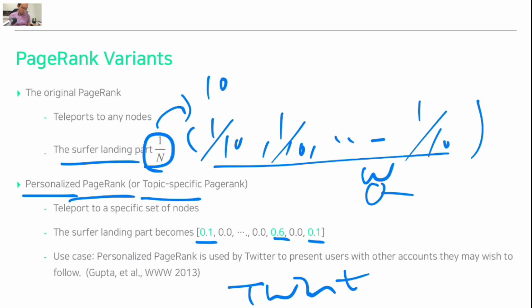To quickly get the information, they use the personalized page rank. It is fast to compute and quite accurate. I'm not sure they still use it, but they were using the personalized page rank. And when you recommend something in your own application, you have to compare with the personalized page rank. Surprisingly, it is still very good in many cases.